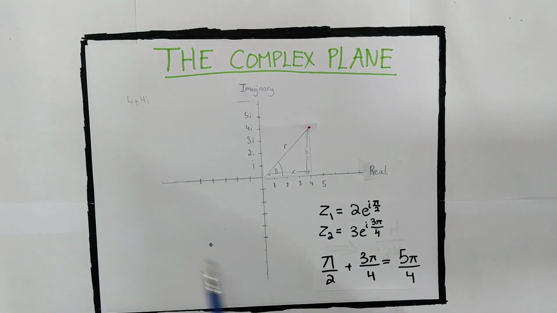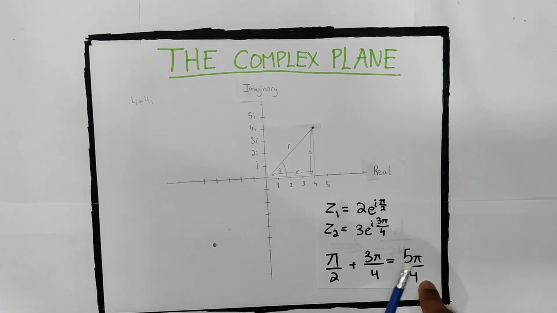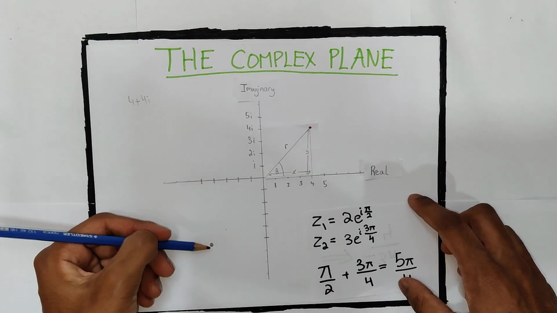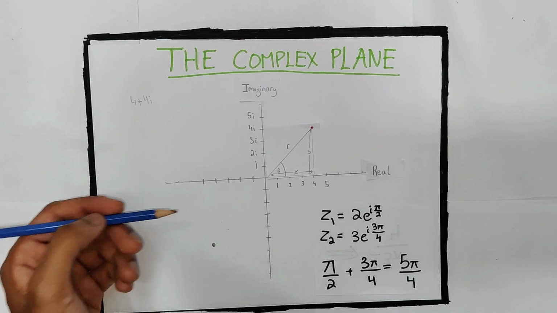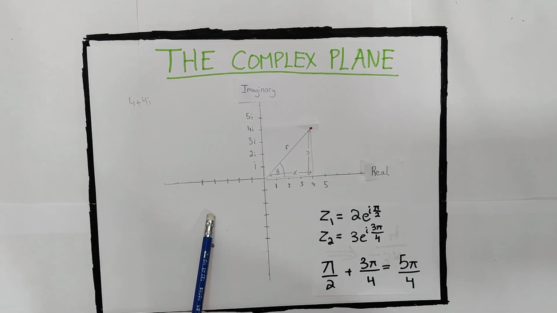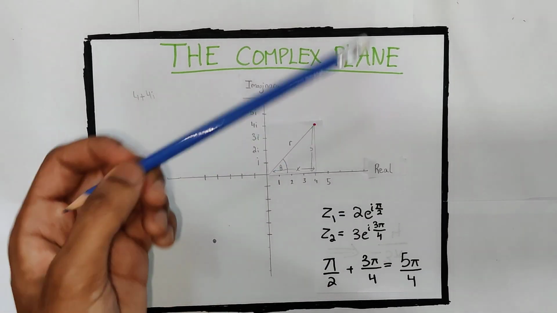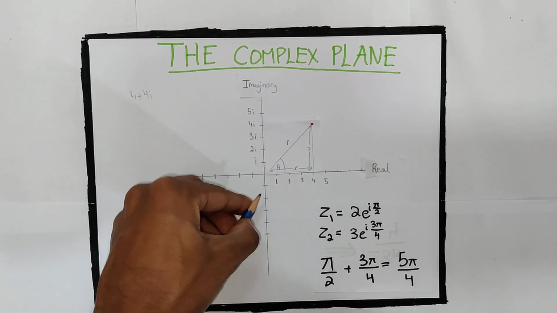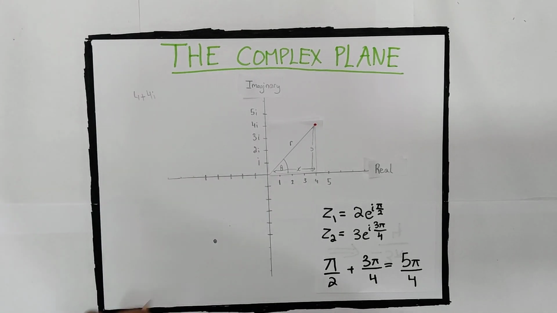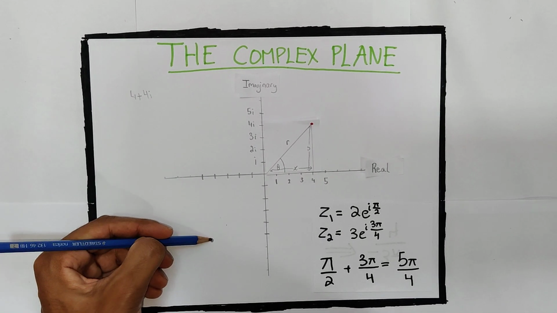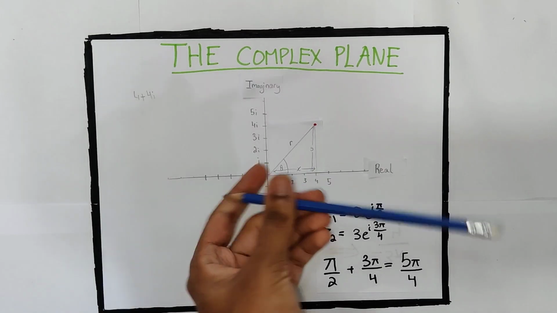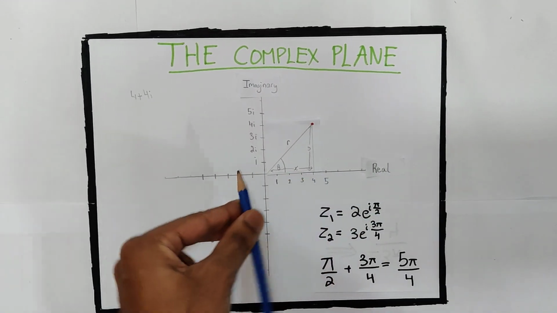Well, the argument is not going to be 5 pi over 4. What we do is we adjust the argument so that it fits within the range. So remember, whenever you have a complex number in either of these two quadrants, it's negative and you go this way. So all you have to do now is pretend that the complex number is here, and you find out the argument by going from the real axis across.